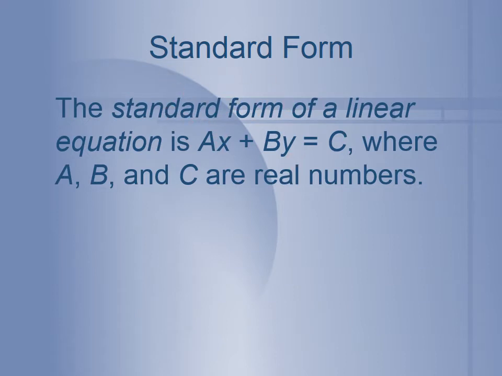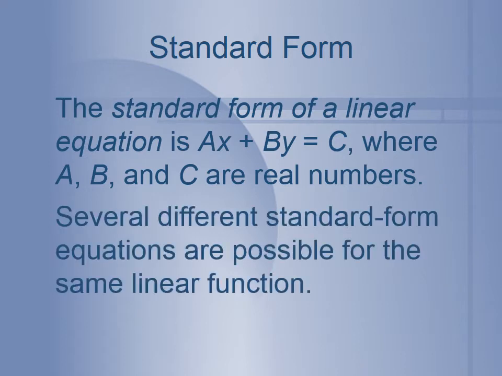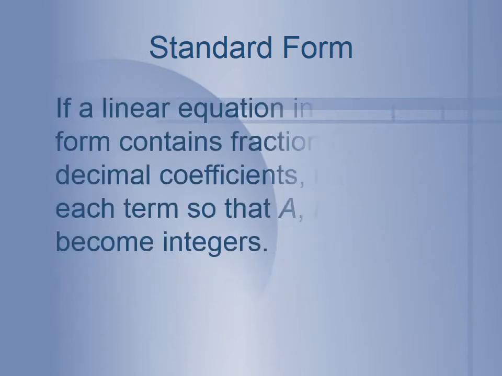Okay, so a couple of things you need to notice about standard form. The x and the y are both on the left-hand side, where the constant, or the number that does not have a variable with it, is on the right-hand side, right? So several different standard form equations are possible for the same linear function.